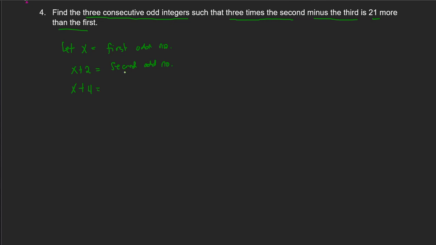That is equal to 5, right? So this is our third odd number. All right. Now, since we already have our assigned variable, now let's create an equation based from this scenario.